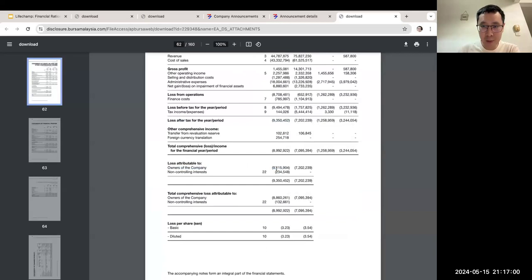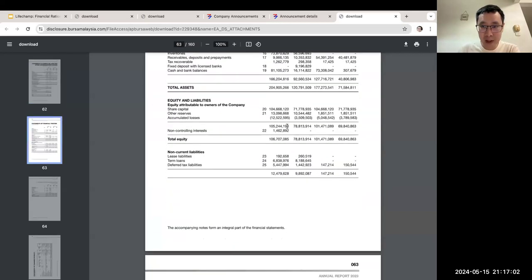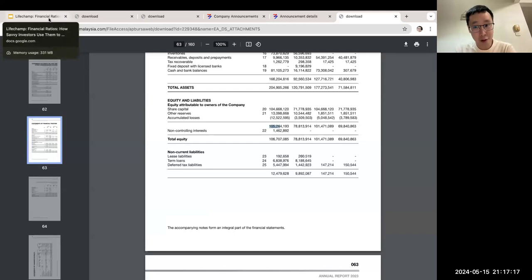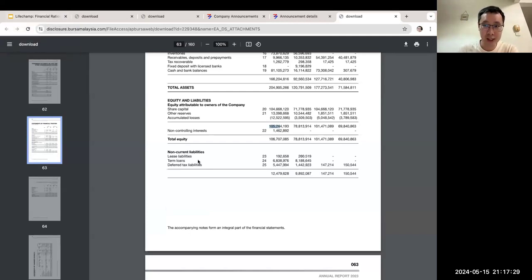You take this 9.1 million, divide by the equity over here, 105.2, and you will get a negative return on equity. So it is not income productive, because it is negative in terms of both the net profit margin and return on equity. That is what it means.